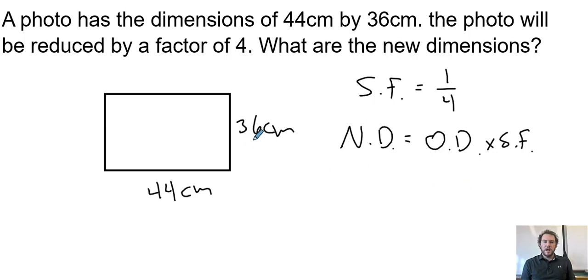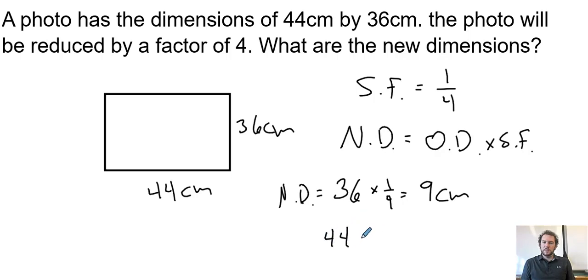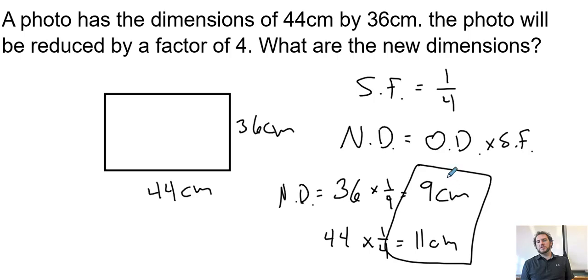So for this 36, my new dimension is going to be equal to 36 multiplied by 1 over 4. And a quarter of 36 is 9 centimeters. And the same thing for the 44: 44 multiplied by 1 over 4 is 11 centimeters. So my new photo is going to have dimensions 9 by 11 centimeters.